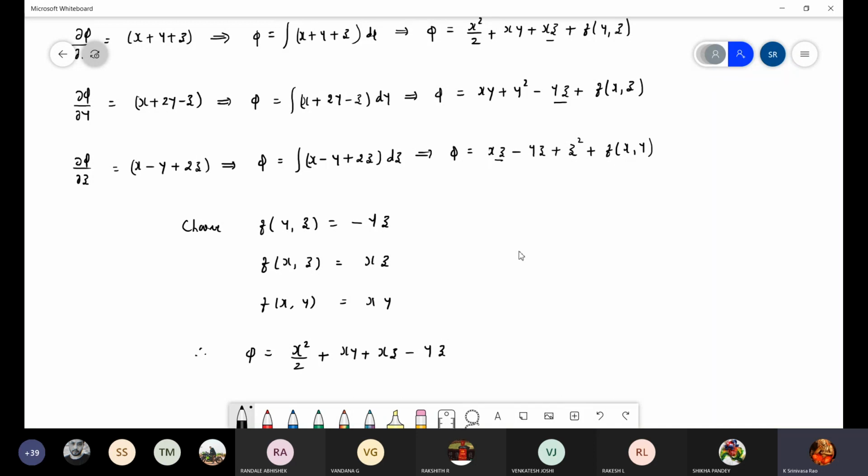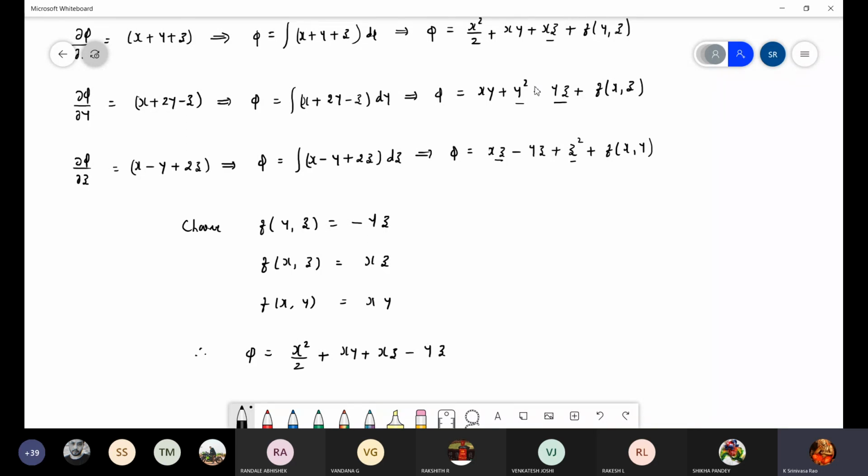It will not be unique, no? Anybody observed? See here, f of y comma z means not only yz; y square and z square also you should choose, because in the first equation it should be a unique phi.